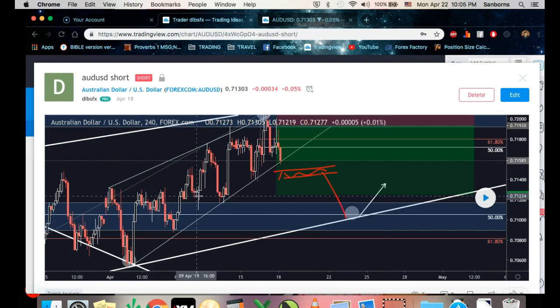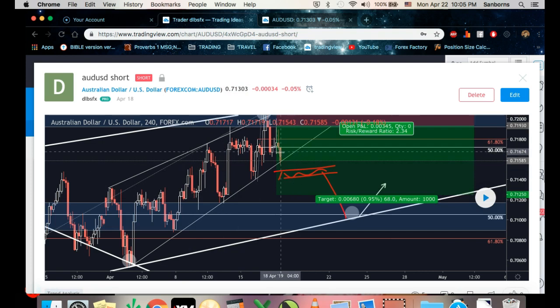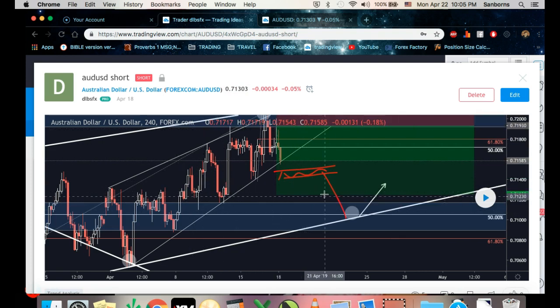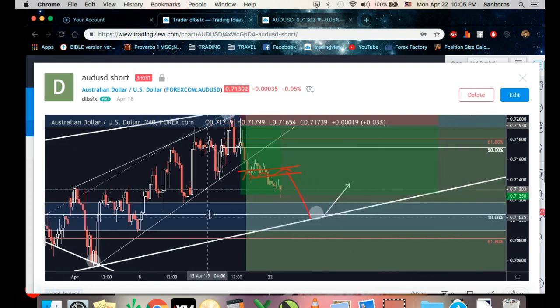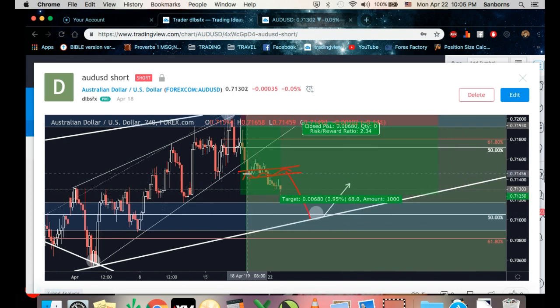It was broken, it became support. So what logic says is that would also potentially become support again. So that was my target, 71.25.